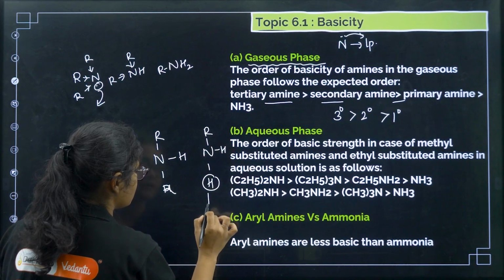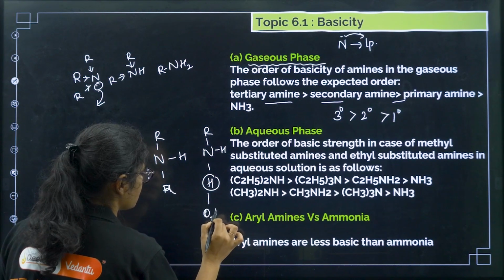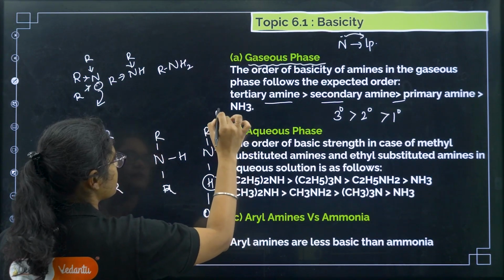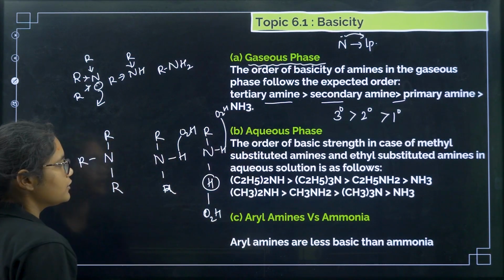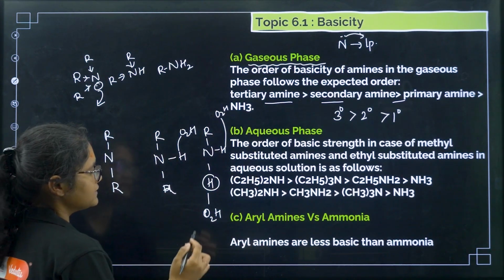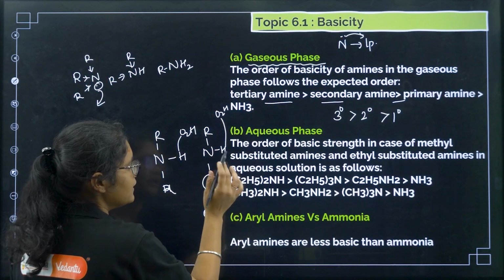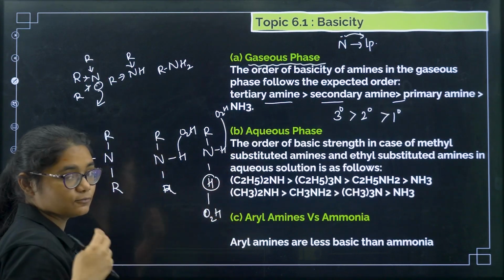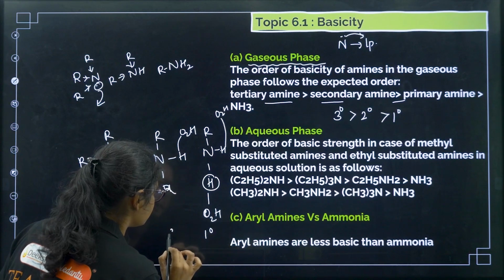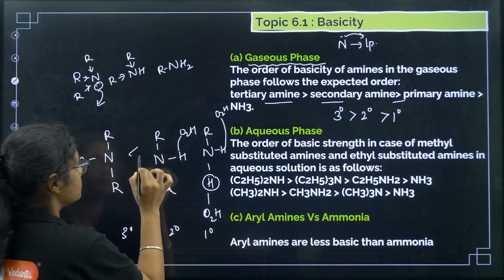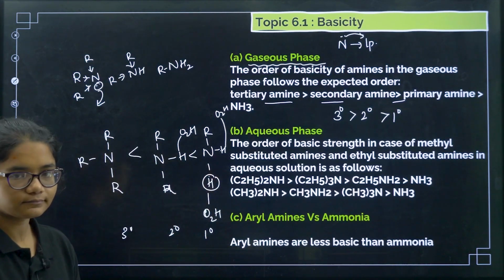These hydrogens are involved in hydrogen bonding. Due to this hydrogen bonding, the primary group, because it has 2 hydrogens, has more hydrogen bonding, so the primary group is more stable, then secondary, then tertiary. This is the order.